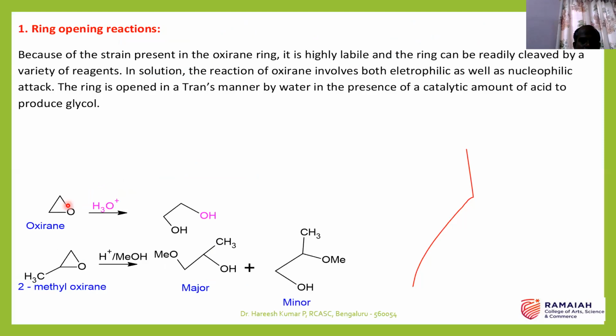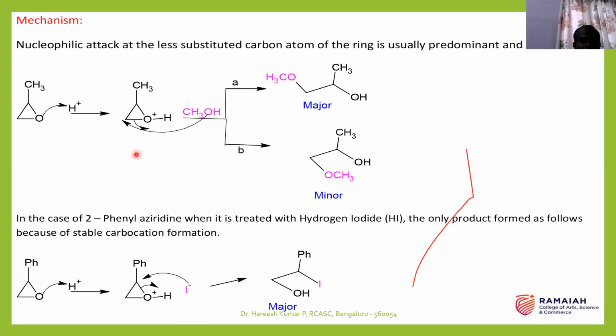Whereas in a symmetrical epoxide, only one product is obtained in the ring opening reaction. Now the mechanism: when the epoxide is treated with acid, it forms a protonated one. When the protonated one is attacked by a nucleophile, the nucleophile attacks the less hindered carbon, forming the major product.